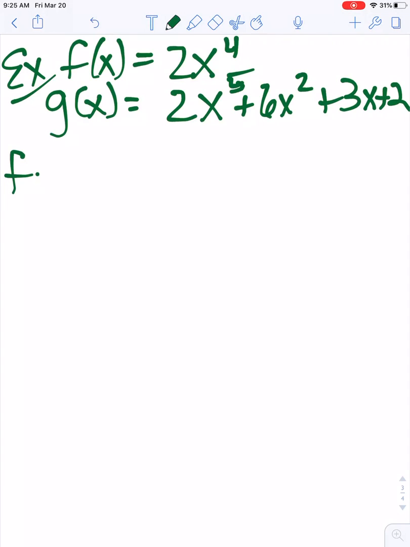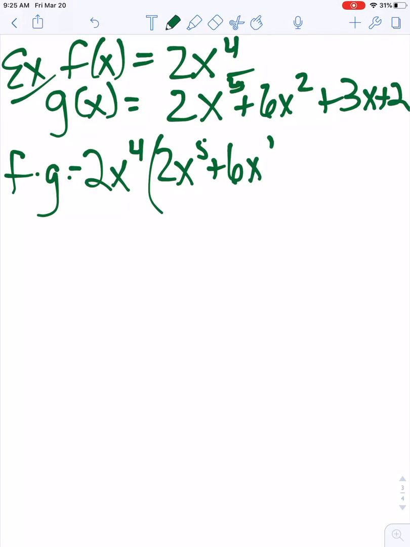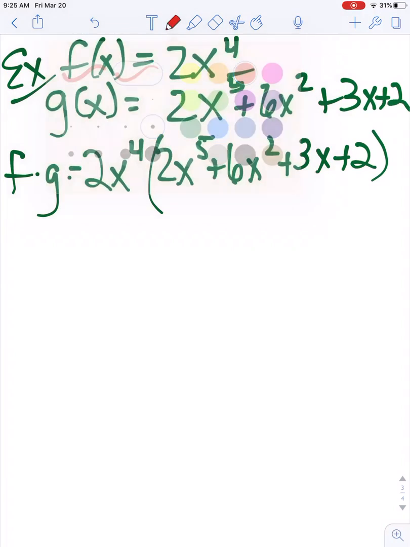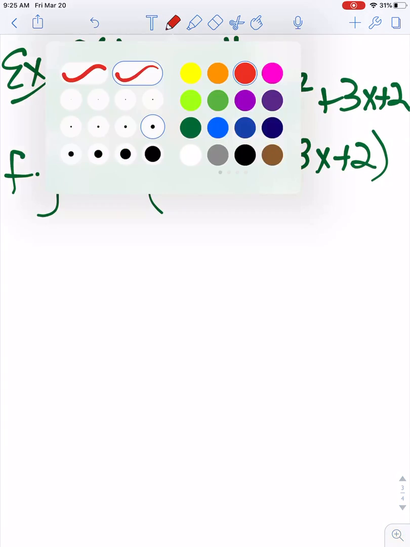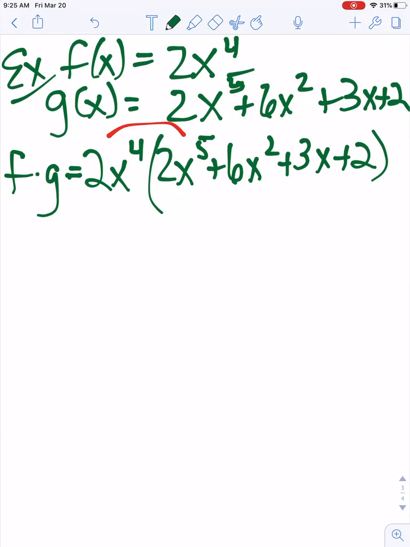Now, if we're going to multiply these, f times g, I get 2x to the 4th times 2x to the 5th plus 6x squared plus 3x plus 2. And again, the reason why I write these parentheses is that way I don't forget to distribute that 2x to the 4th in.